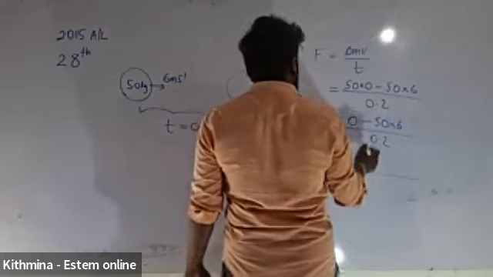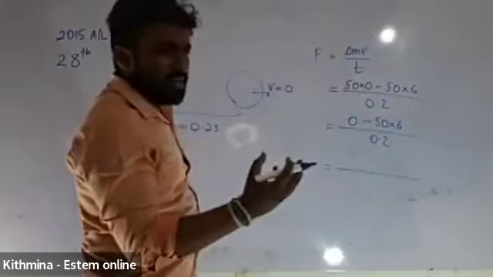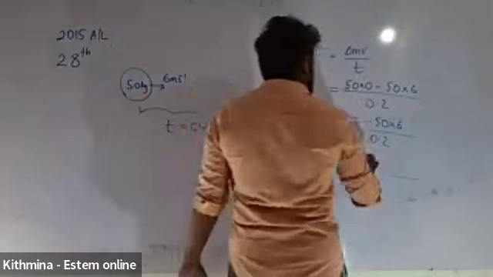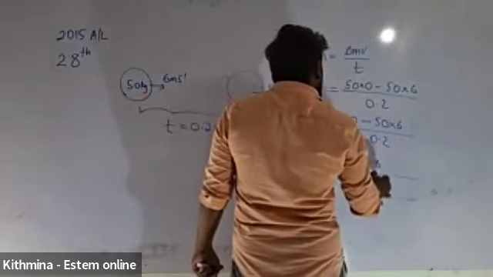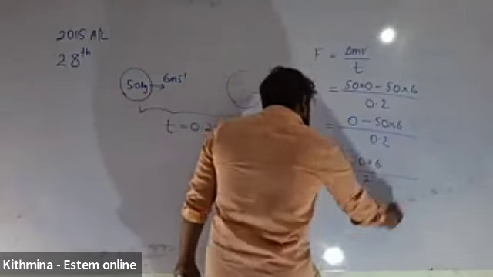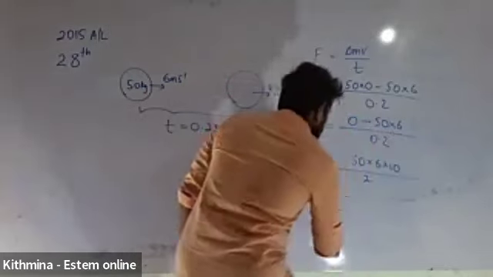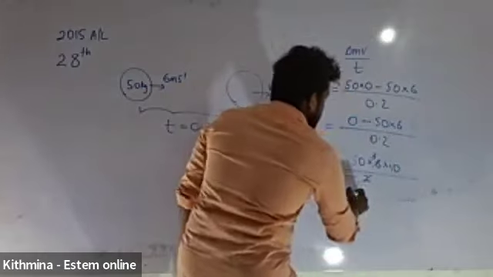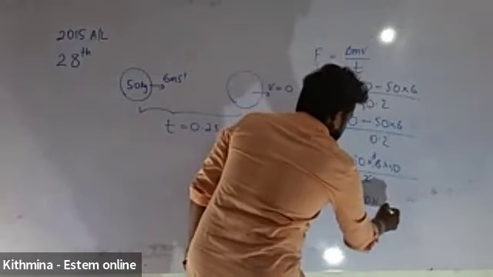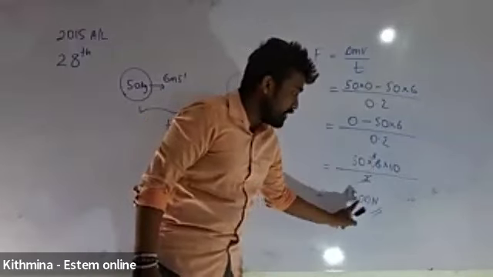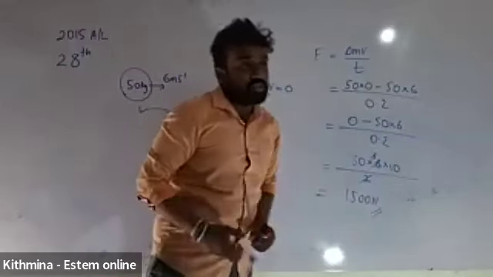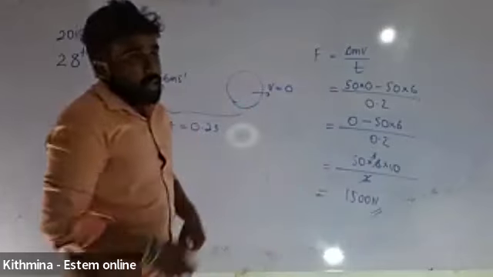Taking only the magnitude, 50 into 6 over 0.2 is 300 over 0.2, which gives 1,500 Newton.